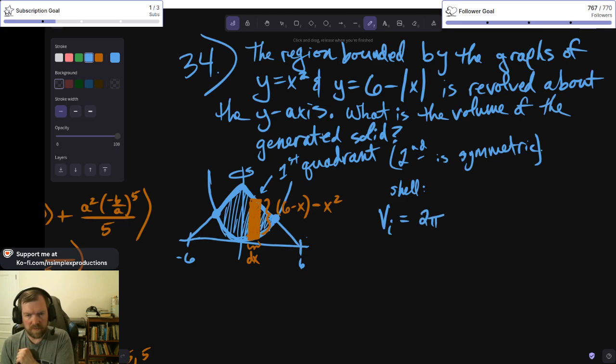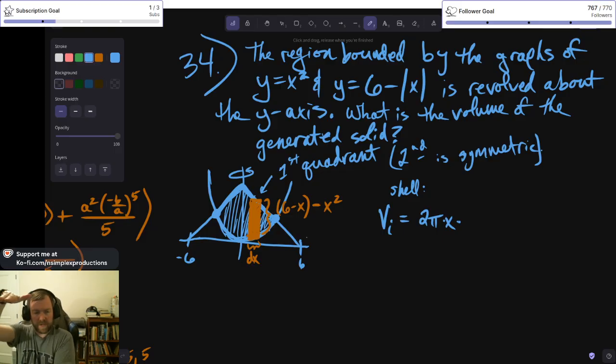So 2 pi times the radius, which is the x value. 2 pi times x gets us the circumference at that particular point if we make a circle.